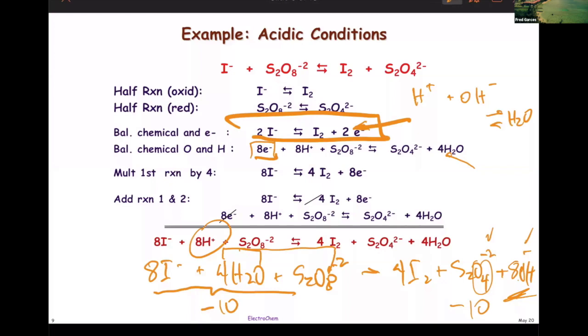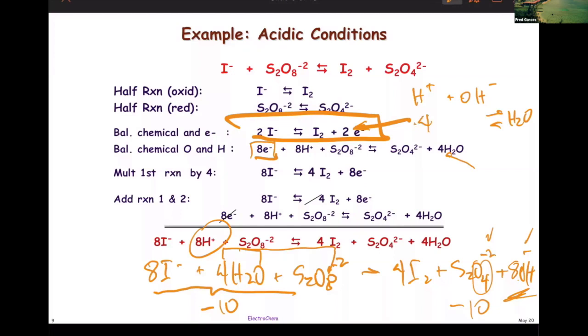They have to cancel, because in any redox equation, there are no excess electrons. They always need to cancel out. If there's electrons to be given, some other chemical needs to pick them up. That's why you multiply this equation by 4.